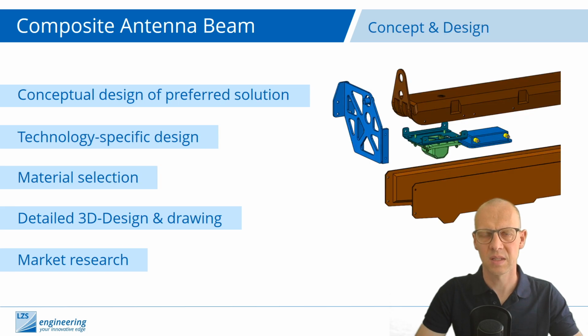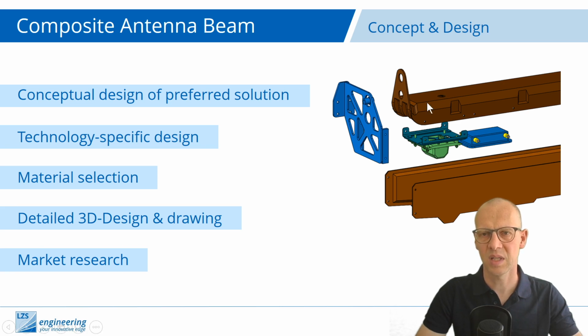After we had in this feasibility study decided for a concept to go on, the so-called preferred solution, you see here. You see also that we decided for another option.